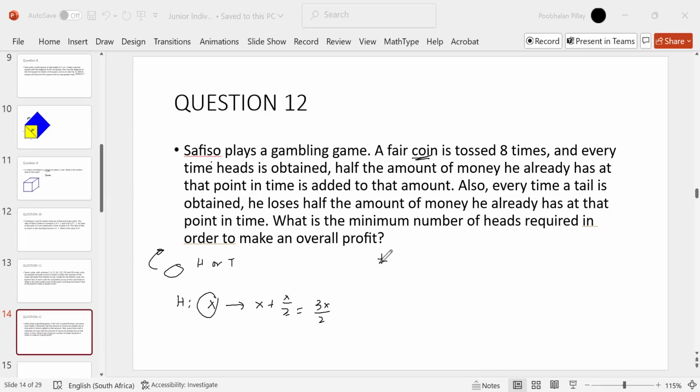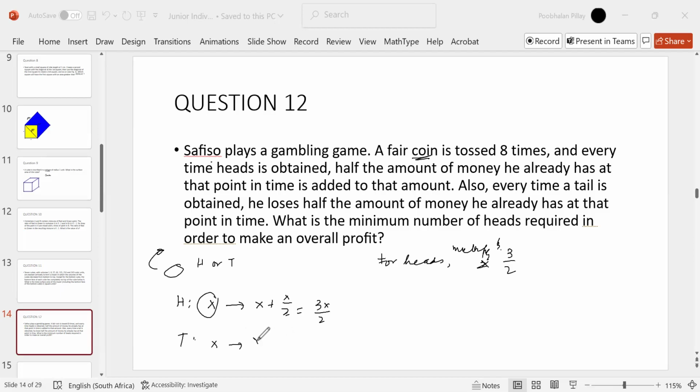For heads, multiply by 3 over 2. And this is multiplied to get the new amount he has. So, okay, now what happens to the tails? Every time a tail is obtained, he loses half the amount. So, in other words, if he had x here, then he loses half that amount.